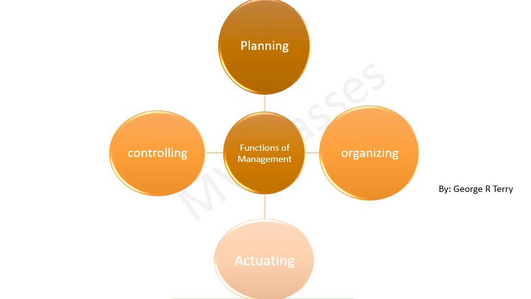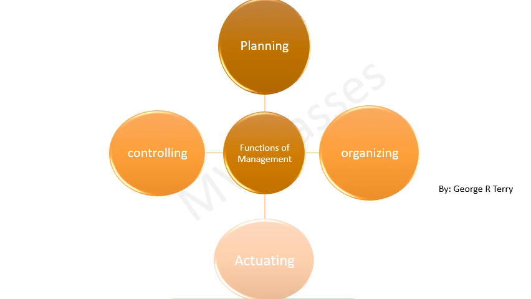You have to classify or group it, because you have to work in a group. You have to assign these group activities to the individuals, establish the structural relationships, delegate authority, and fix responsibility also.